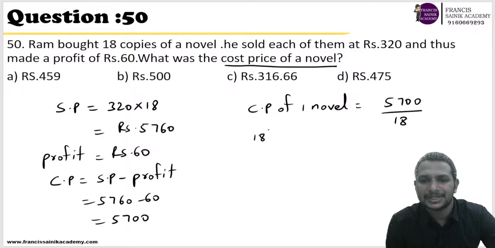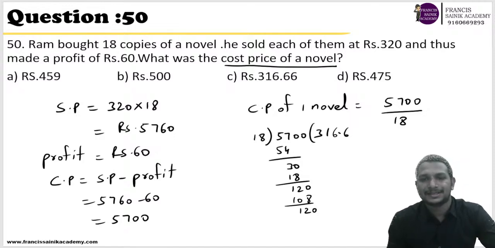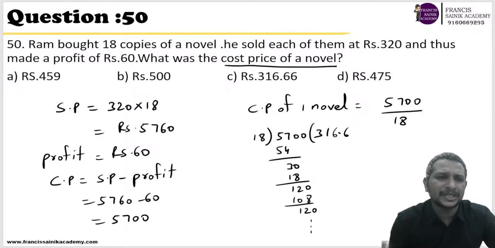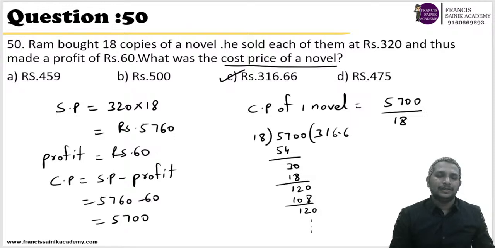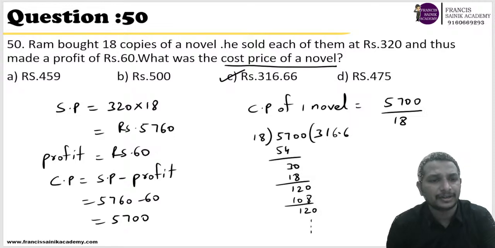It's not a decimal. This question looks like a trick question. For 18 copies, each novel, finally we get 5,760 for the 18 copies. They're asking the cost price of one novel, so divide by 18.